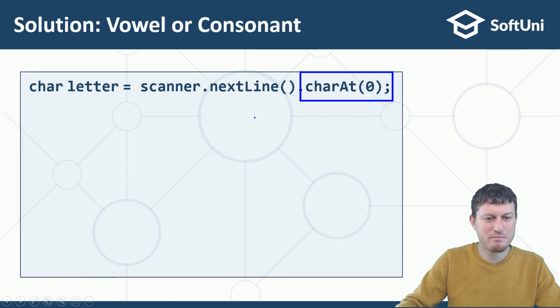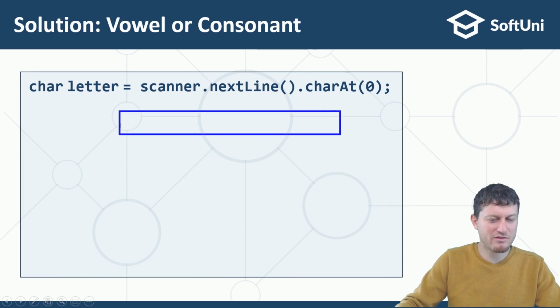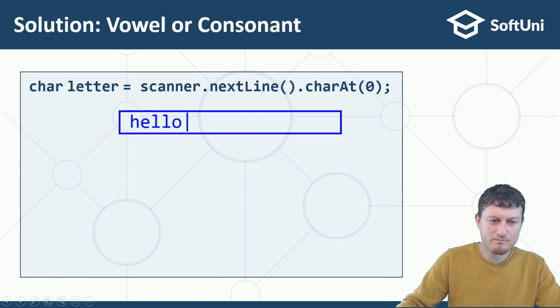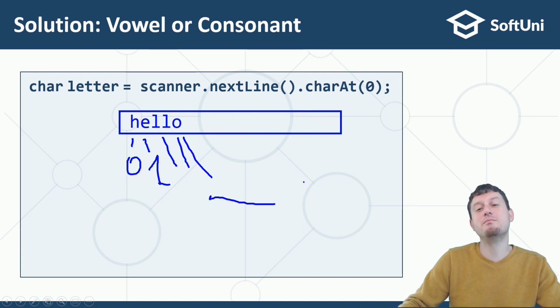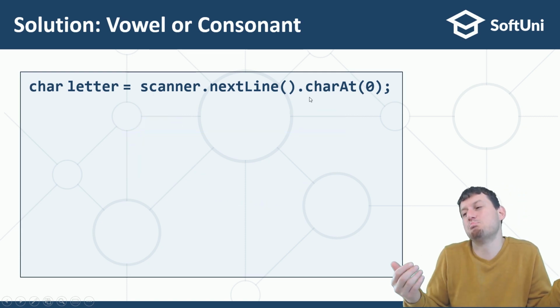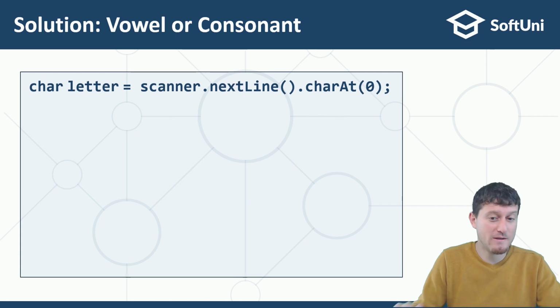I had prepared to take the char at position 0, because if we have a string like, for example, hello, we have this at position 0, this at position 1, etc. So each letter is numbered, which is natural.